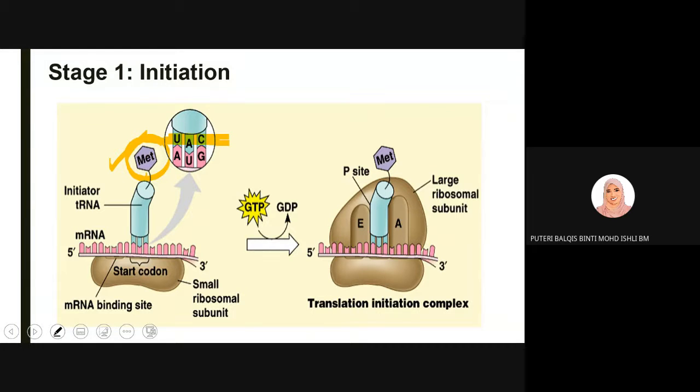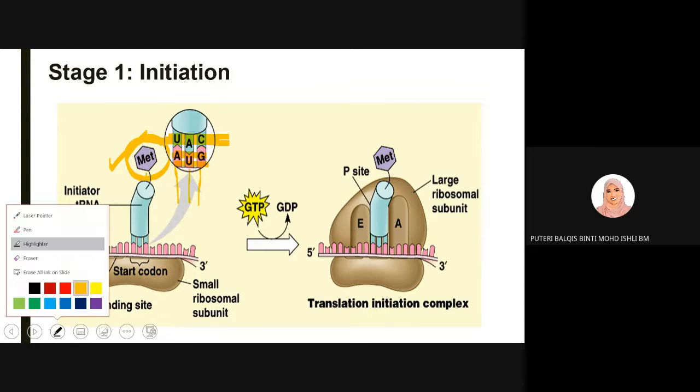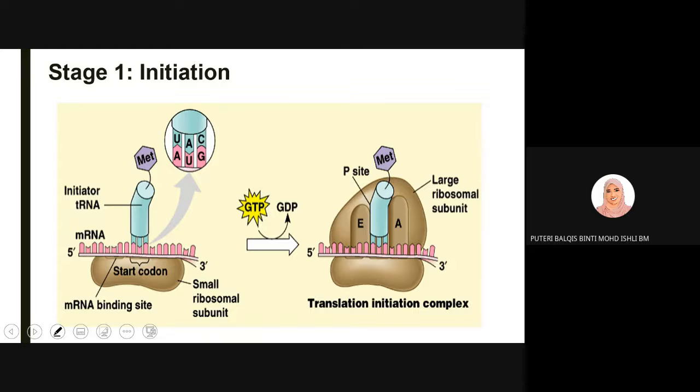The anticodon is complementary to the codon. For example, if the codon is AUG, the anticodon will be UAC. So for example, if I have a codon, let's say GCT. This is my codon. What is my anticodon?